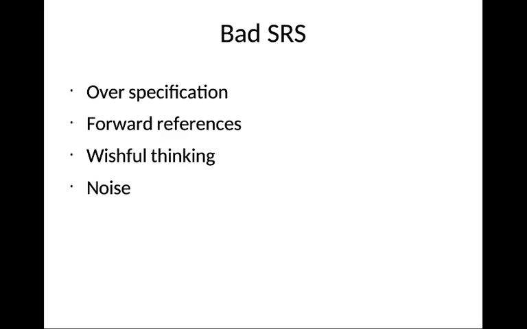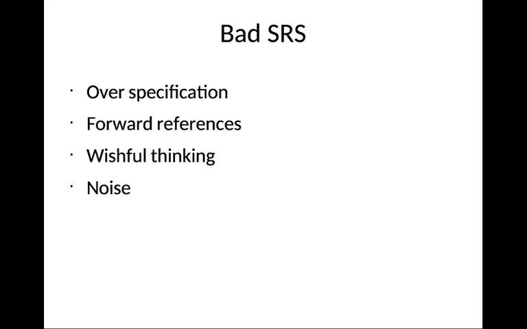Then there is a possibility of noise in the SRS. Noise means the presence of irrelevant things in the software development. For example, if we write something about a college automation system and we say that office work will start at 9:30 and end at 5:30, it is an unwanted thing in the SRS document because it has no relationship with the software we are going to develop.